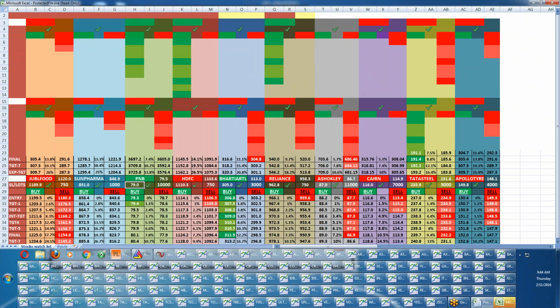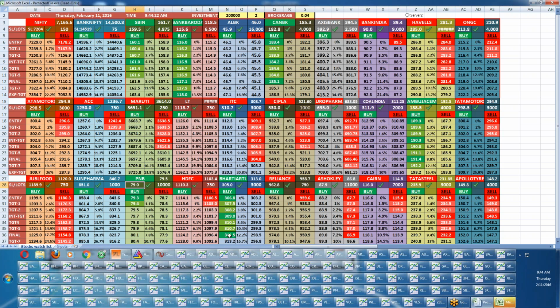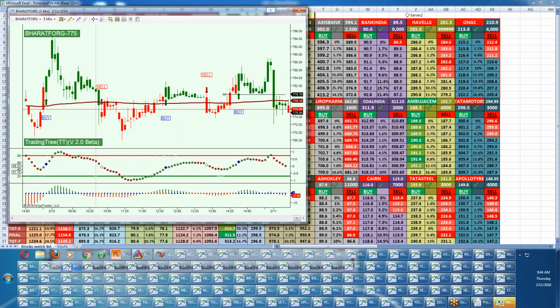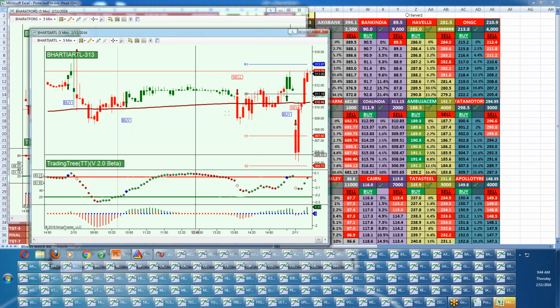So Bharti Airtel has done its final target, 311.50. Now it is at 313. We should be getting a buy call in Bharti Airtel.